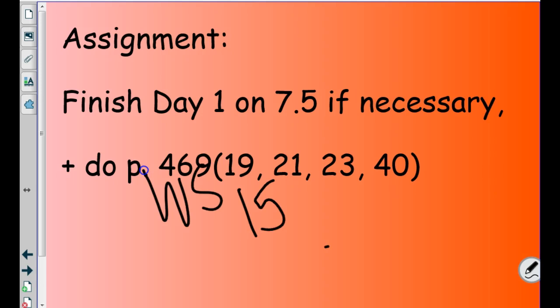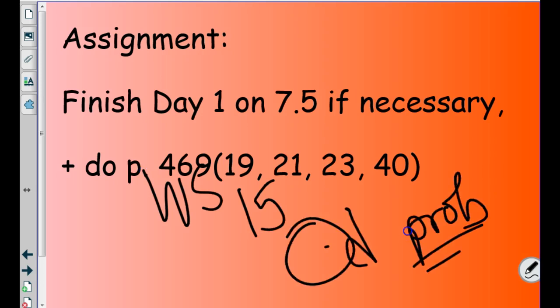Worksheet 15, circled problems. That's where these came from. If you don't practice this, and we don't have a quiz this week or possibly even next week, are you going to remember this when it hits May and I ask you to do this? Okay, please practice this a couple times.